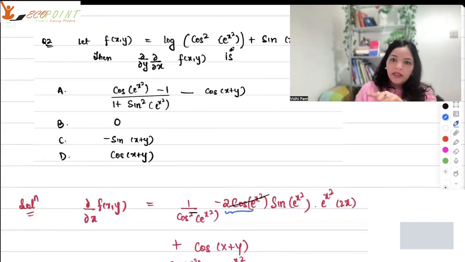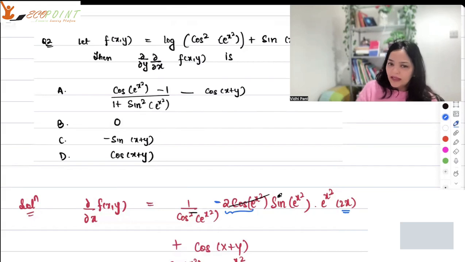So cos square will be 2 cos theta, theta is ex square, into the derivative of cos, which is minus sine. So that is why you have a minus here, minus sine ex square. But then you have ex square, so chain rule, you have to differentiate that also. Derivative of e is just e, so ex square, but x square will be differentiated. 2x you will have. So this is what you will get.